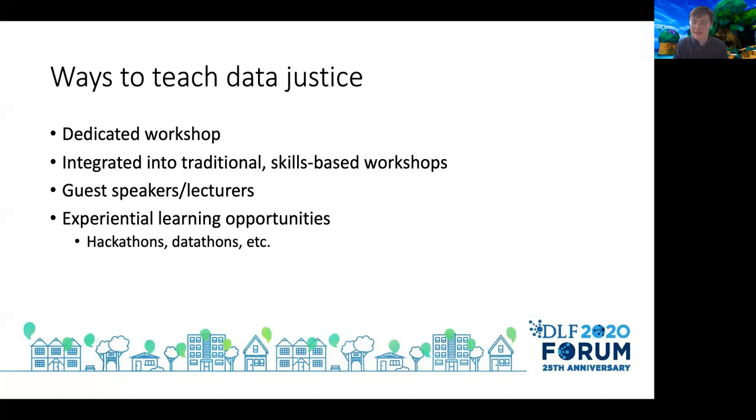Another idea is inviting guest speakers to come to campus and talk about their research or their experiences working towards data justice. Of course, guest speakers like this might take place over Zoom for the foreseeable future. Finally, there are also experiential learning opportunities, which include things like hackathons, datathons, and more.